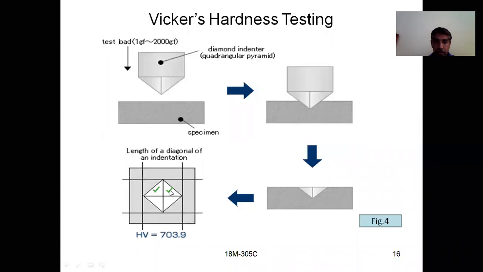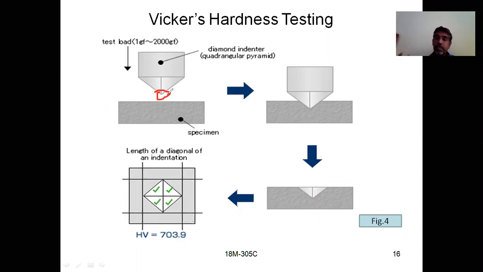Face 1, face 2, face 3, face 4: four faces are joined at this point. This is the top view and this is the front view. It is a quadrangular pyramid, so four faces are there and the shape is a pyramid shape.